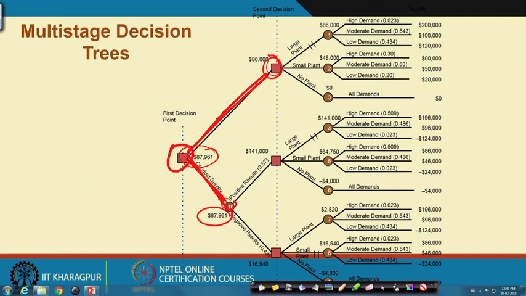Then, with no survey, we have large plant, small plant and no plant. This is the second level of branching. With survey, we may have positive results and we may have negative results.